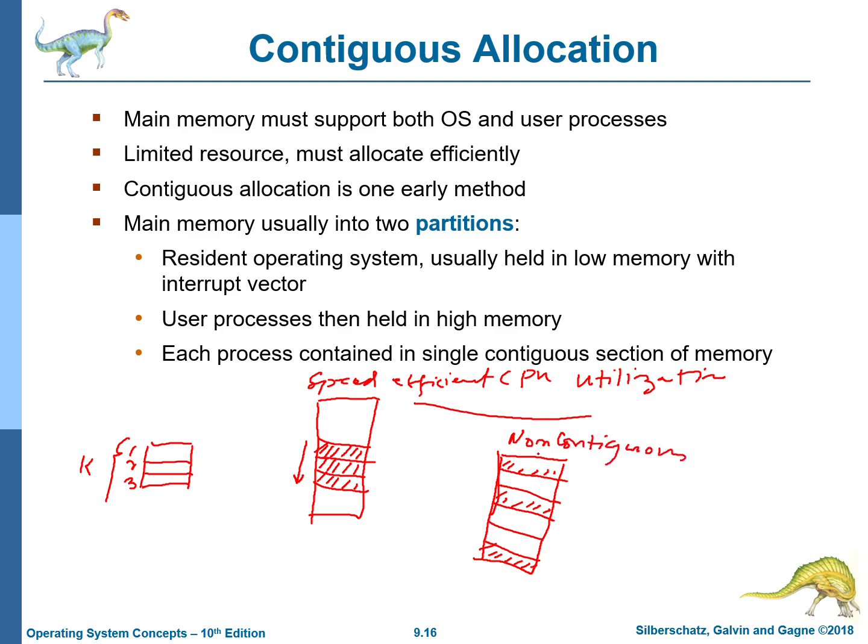This is non-contiguous and this is contiguous, right? So the contiguous type of memory must be supported by both the operating system and the user program, and limited resources must be allocated efficiently. And also there are two main partitions.